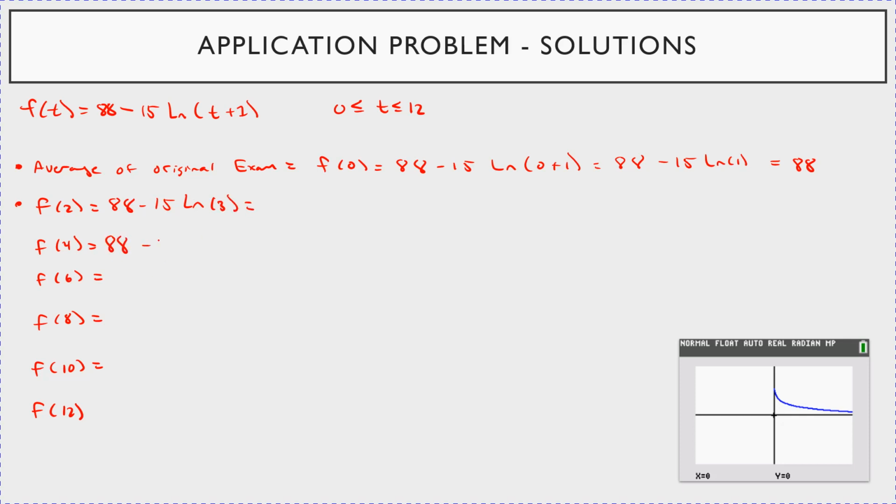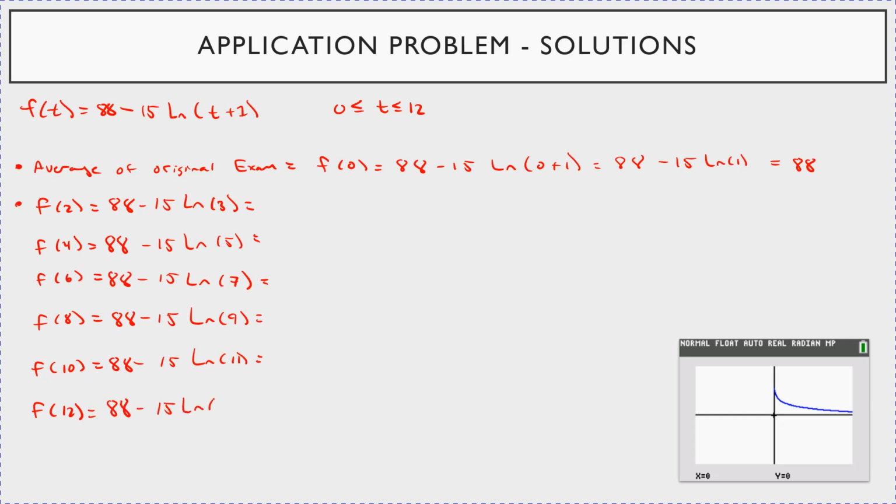This is 88 minus 15 times the natural log of 5, because it's 4 plus 1. This is 88 minus 15 times the natural log of 7. You can see the pattern here. This is 88 minus 15 times the natural log of 9, 88 minus 15 times the natural log of 11. And then 1 year later, the average is 88 minus 15 times the natural log of 13.